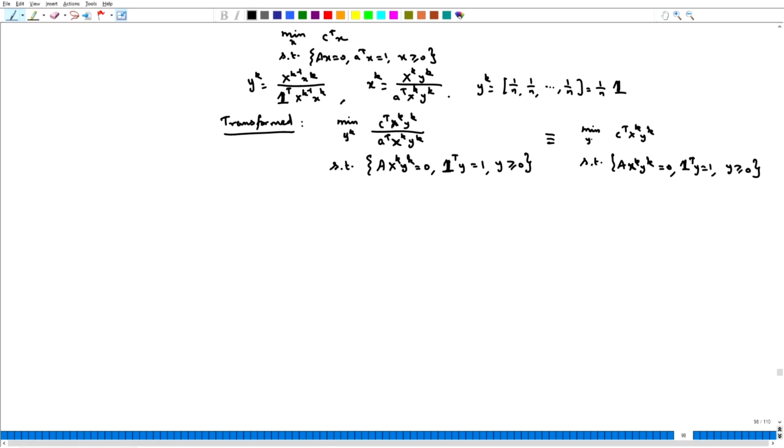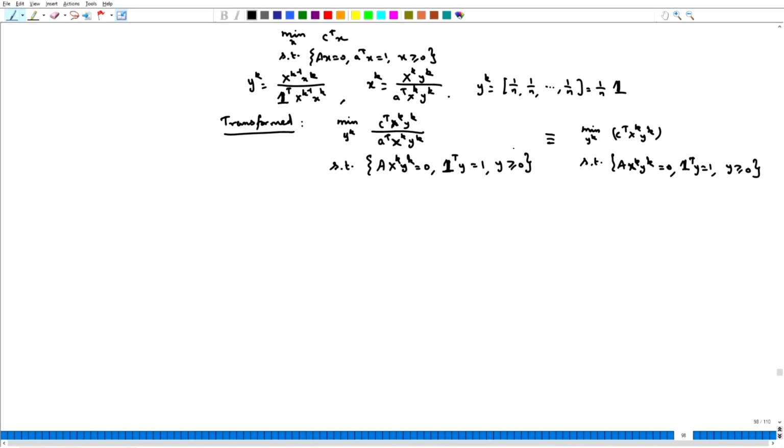If the optimal answer is 0, then c transpose capital Xk yk itself is 0, so it cannot be otherwise. That is the reason we want the optimal answer to be equal to 0.